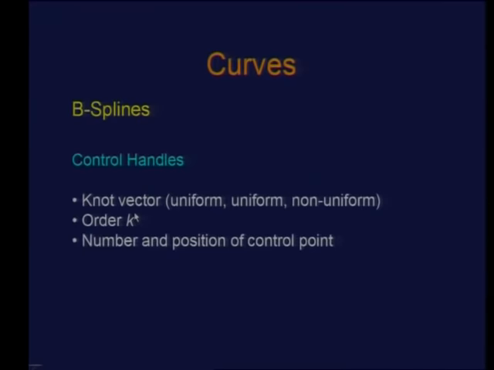For instance, you could have the knot vector be uniform, which is the same as periodic, or open uniform, and then you have non-uniform. Each one of them would give you a different shape of the curve because they determine the basis function.